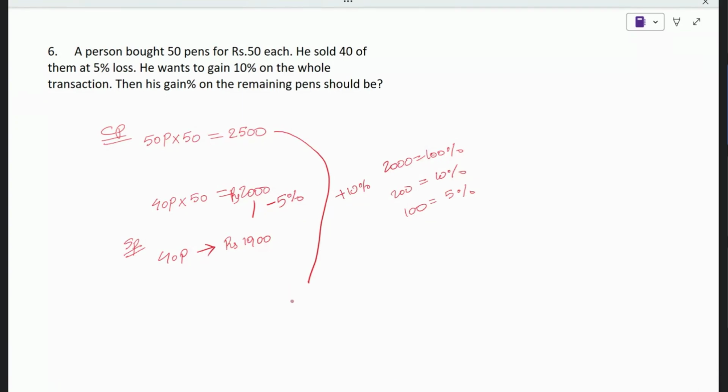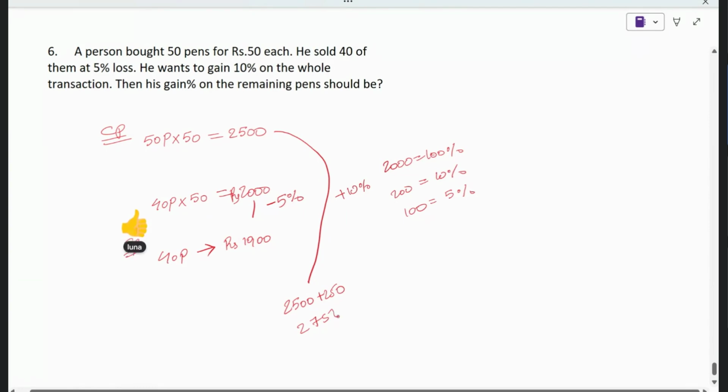So 2500 plus 250 will give us 2750. Now he has already sold 40 pens for 1900, so he needs 850 more.